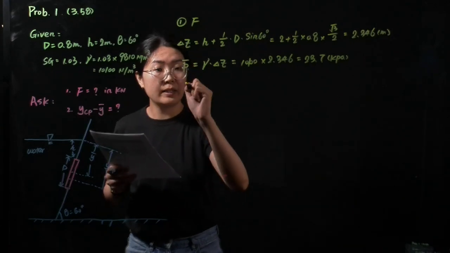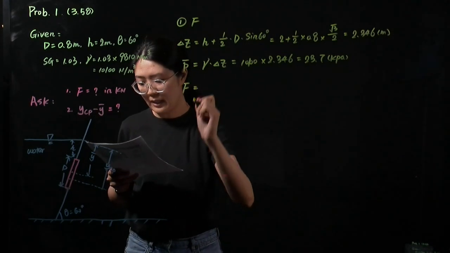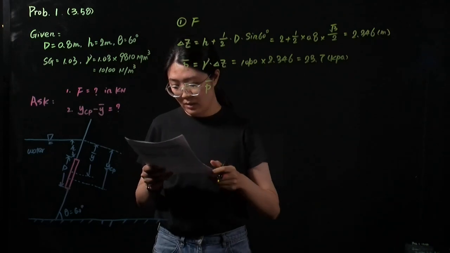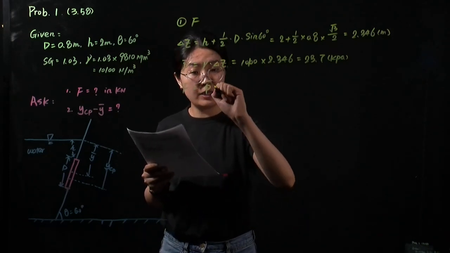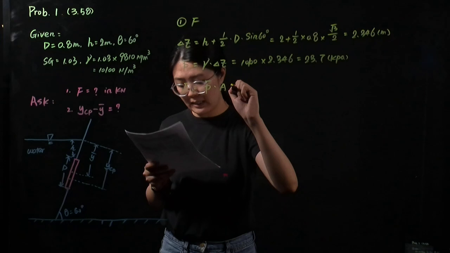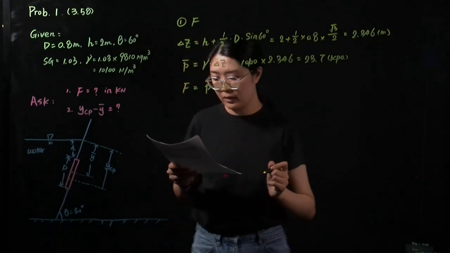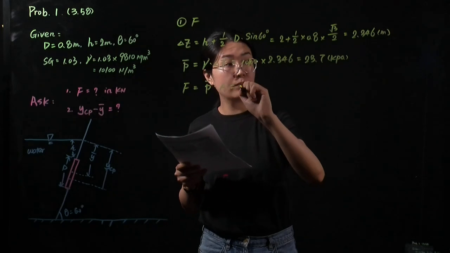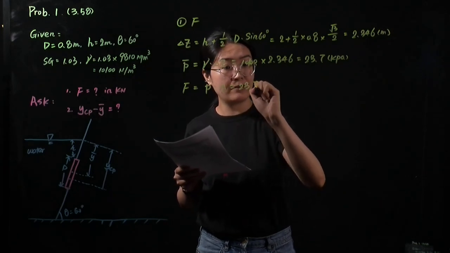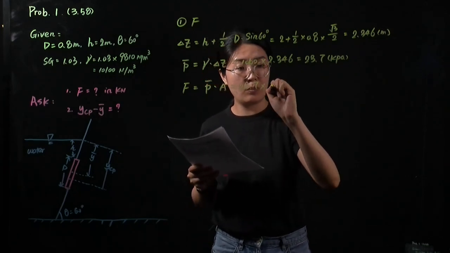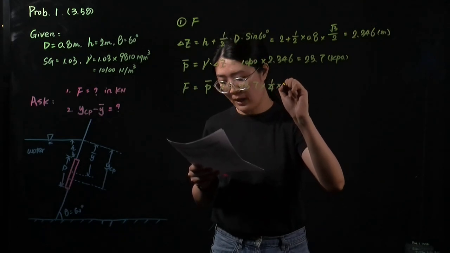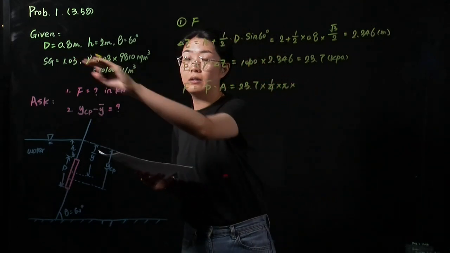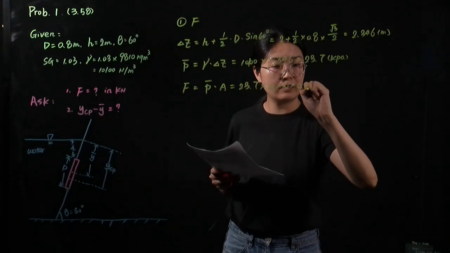In the end, we can calculate the resultant force. It equals P bar times A. A is the area of that window. So it equals 23.7 times 1/4 times pi times the diameter squared, so it's 0.8.